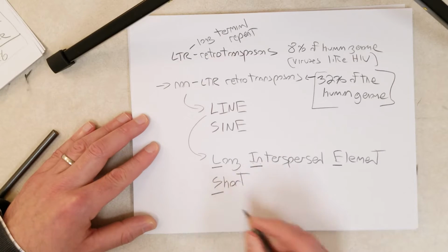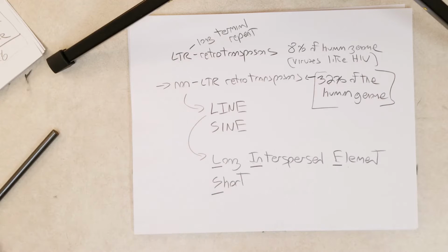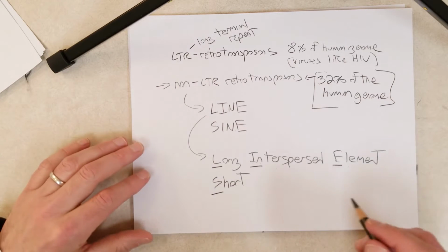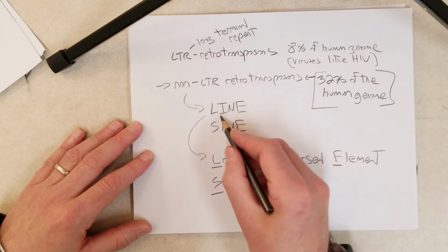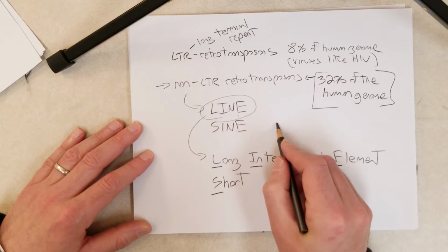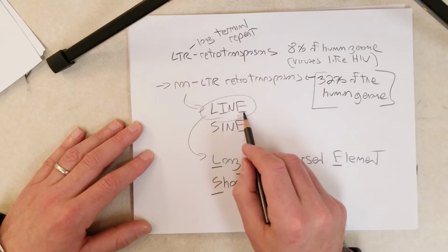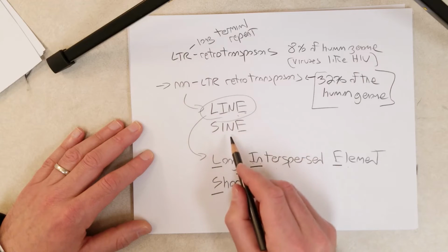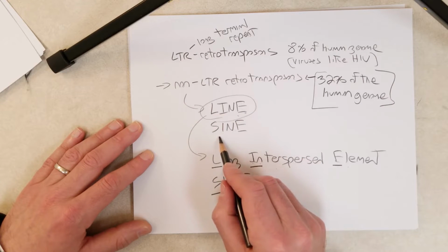Short interspersed element. So LINEs and SINEs are what we're going to focus on with our introduction to transposable elements. In this video we are going to talk about LINEs specifically. Then we're going to talk about a recent publication where they discovered a genetic disorder caused by a mutation caused by a LINE. And in the next video after that, we're going to talk about the SINEs.